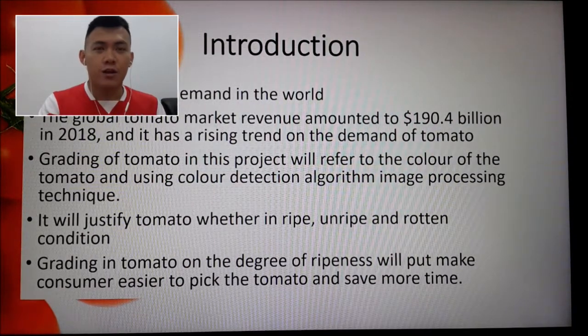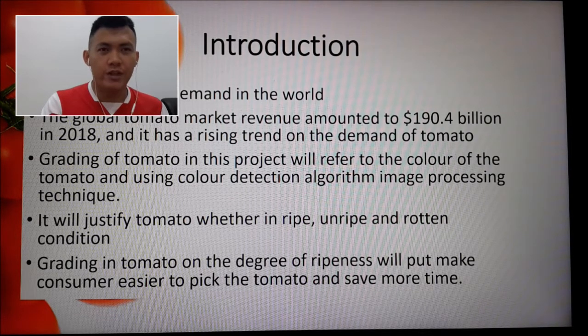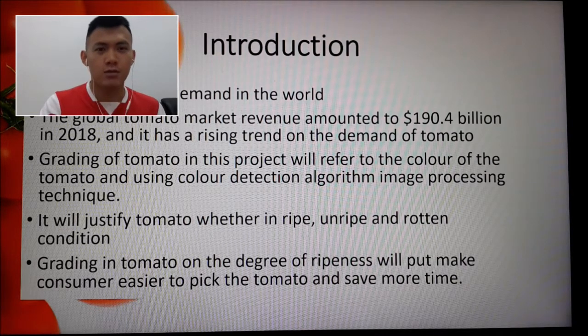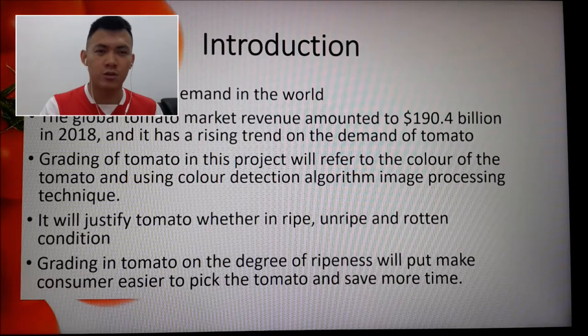The introduction of our project is that the tomato has a high demand in the world. The global tomato market revenue amounted to 190.4 billion in 2018, and there is a rising trend in the demand for tomatoes. So the grading of tomato in this project will refer to the color of the tomato, using a color detection algorithm image processing technique, to justify whether the tomato is in ripe, unripe, or rotten condition.